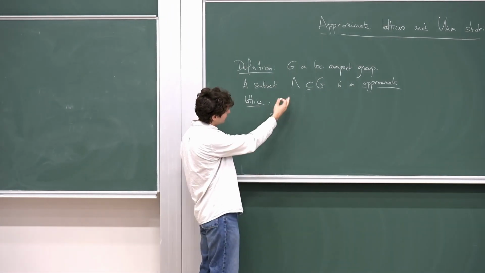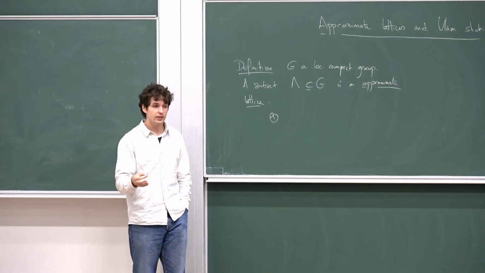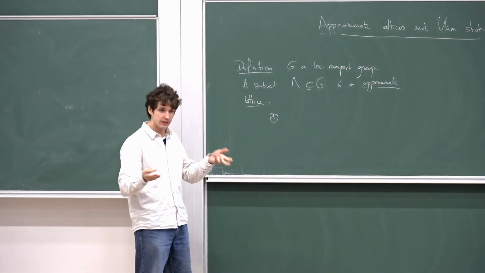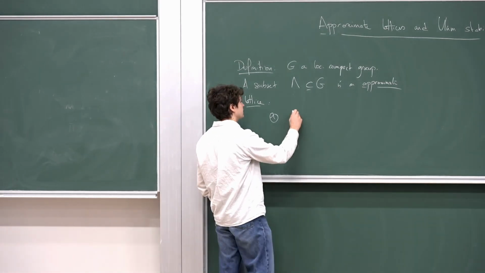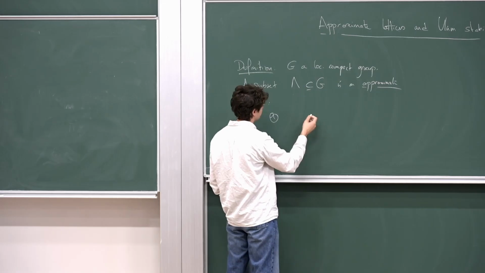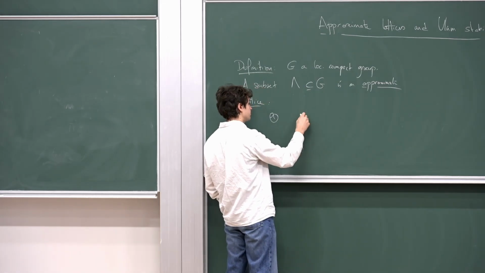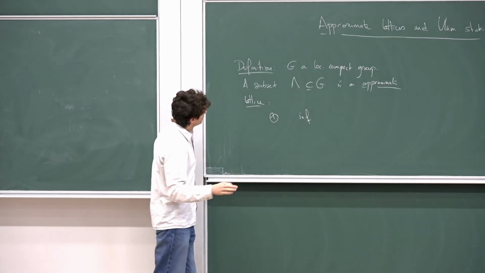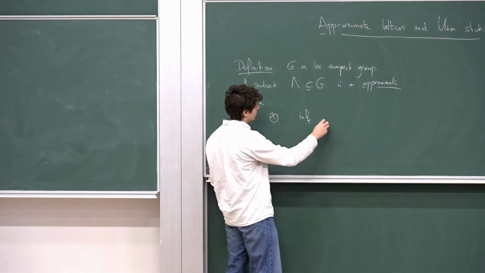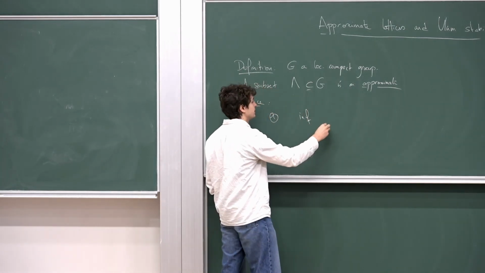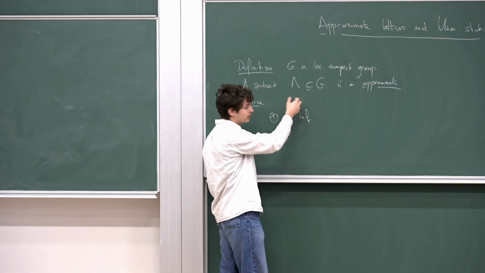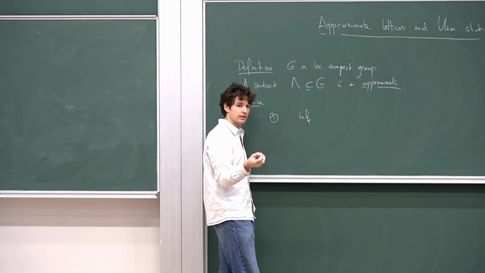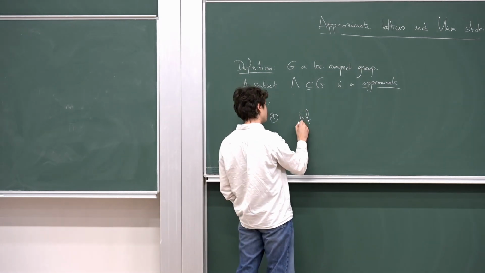First of all, I want my subset to be discrete in a nice way. Let's say uniformly discrete, which means that if you imagine that you have a nice distance, the distance between two points of lambda is at least some constant.